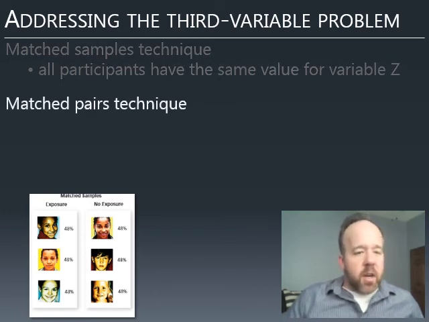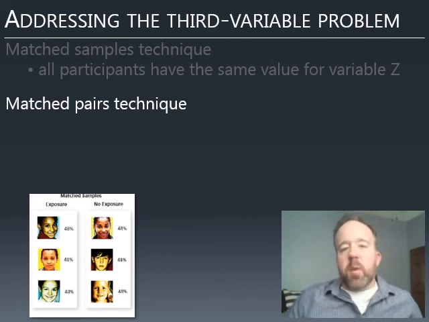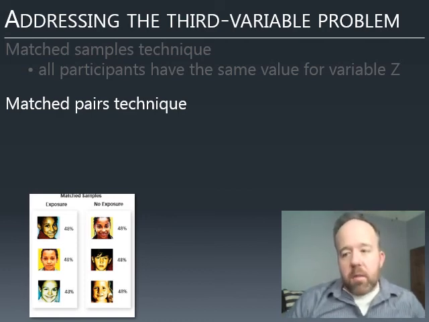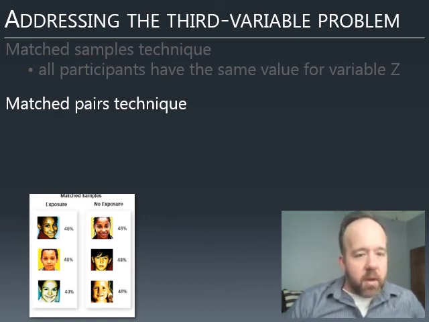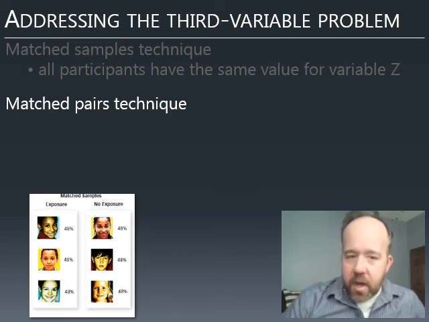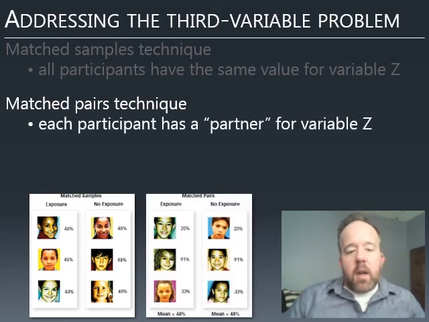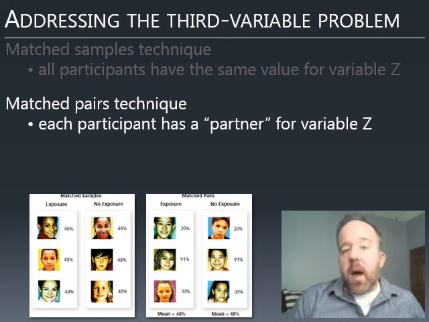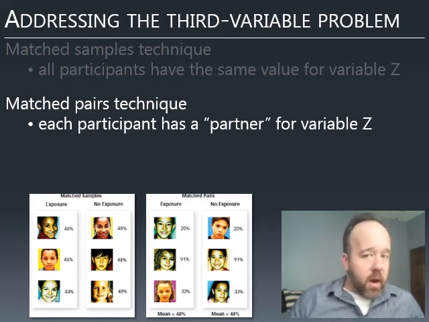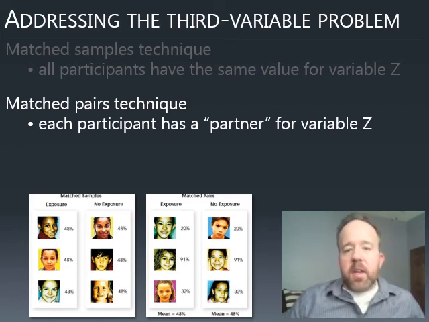Another way of addressing it, and this is a little bit easier, since trying to find a whole bunch of people with exactly the same value for a given variable can be tough, is the matched pairs technique. Each participant, it's not that all the participants have the same value for variable Z, but for each participant, there's someone in each group, whether you're exposed to violent programs or not, that has the same level of adult supervision.